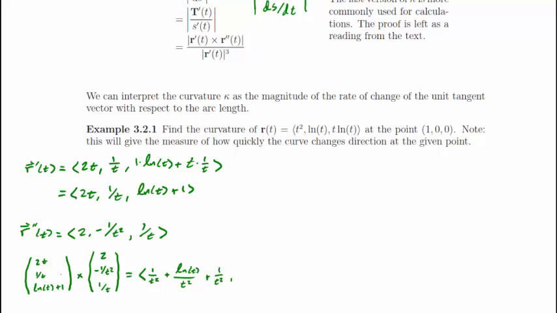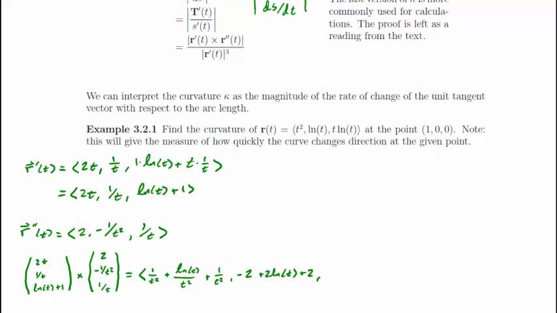For the middle component, I'm going to ignore the middle here. We're going to negate at the end. So 2t times 1 over t is 2, but we'll negate it to make it a negative 2. And then we do minus 2 times natural log of t plus 1, but we will negate it again to make it a plus 2 natural log of t plus 2. Again, we'll simplify that in a moment. For the last component, we ignore the bottom row.